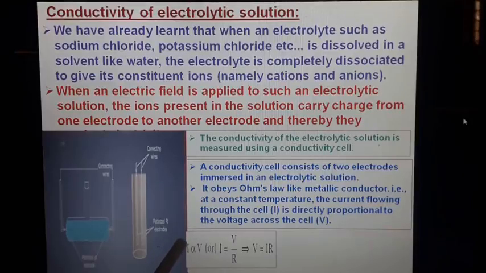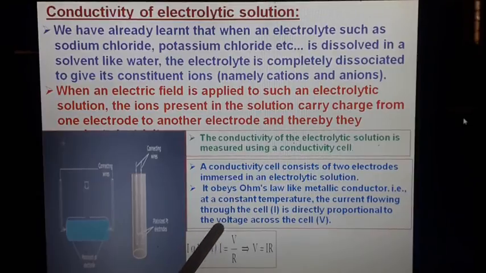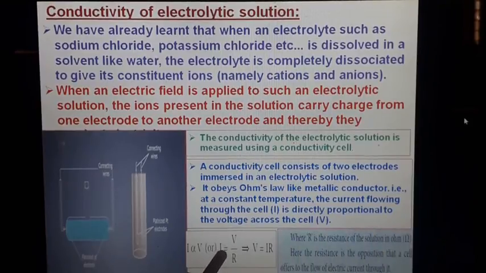You see that I is directly proportional to V, or I is equal to V by R, where I is the current, V is the voltage, and R is the resistance. Therefore, V is equal to IR. This is the most important rule in physics and electrochemistry also. V is equal to IR, I is equal to V by R: voltage, resistance, and then current.